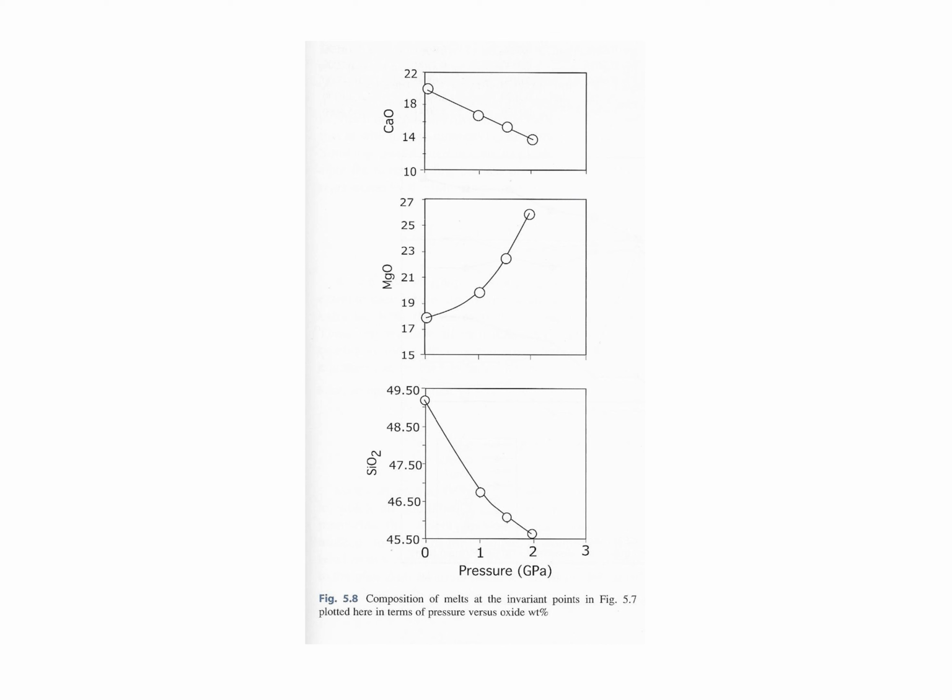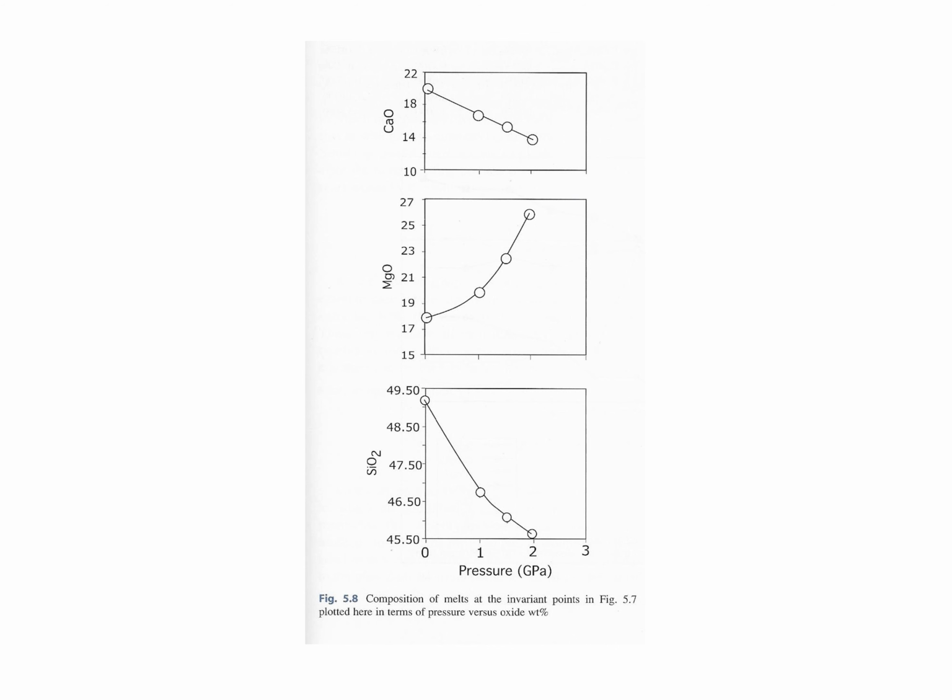Here we have some composition pressure diagrams. In the diagram at the top we have CaO on the y-axis and the pressure on the x-axis. In the diagram in the middle we have MgO on the y-axis, the pressure on the x-axis. And on the diagram below we have SiO2 on the y-axis and the pressure on the x-axis.